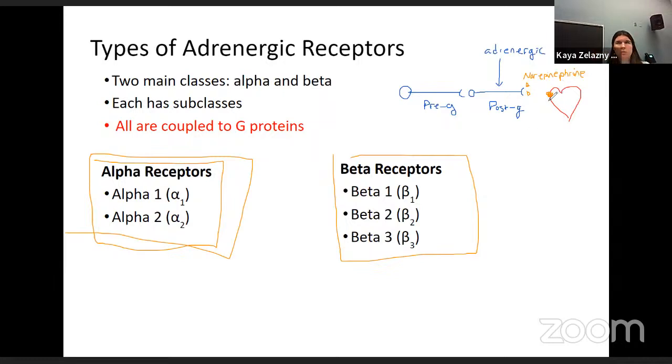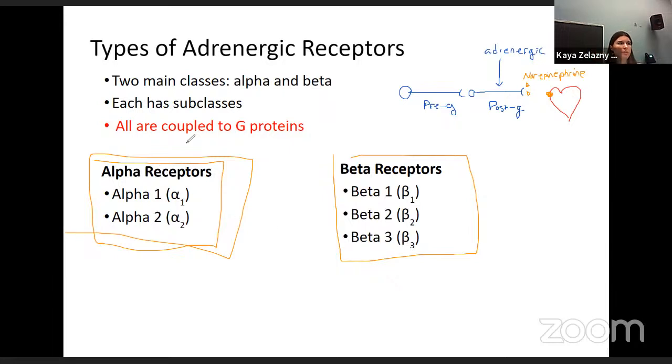So this is where we're focusing now. So this receptor could be one of 5 things. It could be an alpha-1 receptor, an alpha-2 receptor, beta-1, beta-2, beta-3. And we are going to talk about throughout our systems where specifically we find each of these receptors.